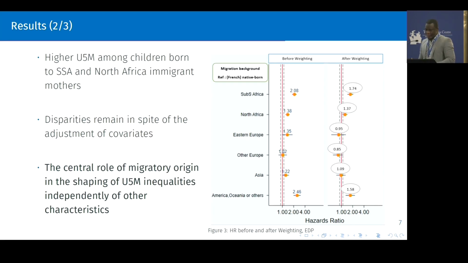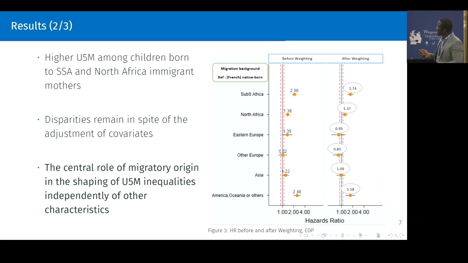This graph is the hazard ratio before and after weighting. In this graph, we can see that before weighting, sub-Saharan African women and North African women exhibit higher under-5 mortality, and after weighting, they also present higher infant mortality.